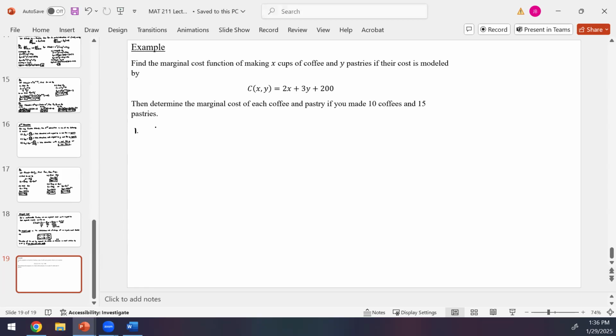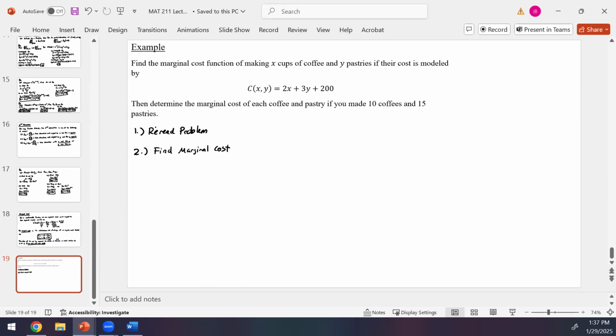So the first step that you want to do is always reread the problem. So we reread the problem. And then from there, we will find marginal cost. Now remember, there are two of them, one for x and one for y.